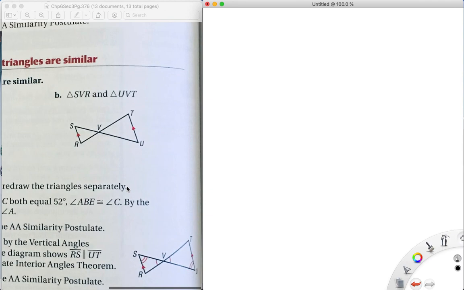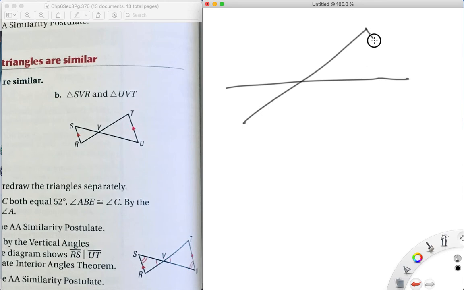And then this guy, we're told that this guy and this guy are parallel.